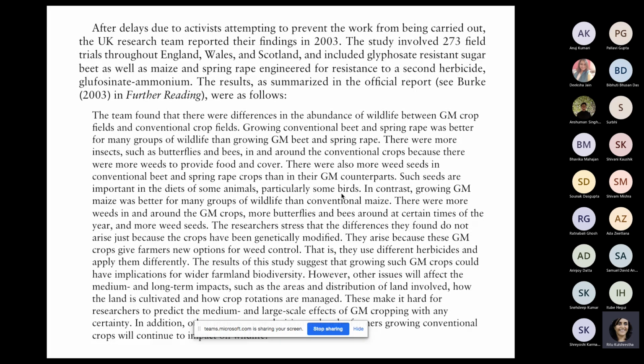And what they found was, please go through it, in a nutshell, that the animals or the butterflies, these insects like butterflies, bees, etc., their population varied in the two different fields. Why?